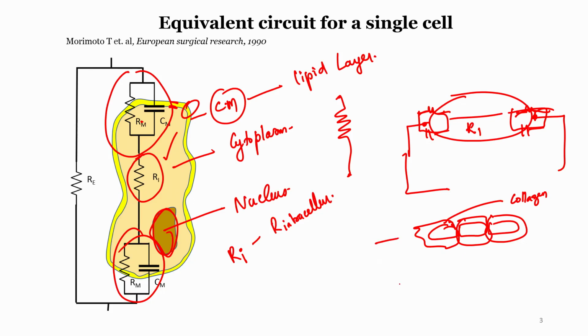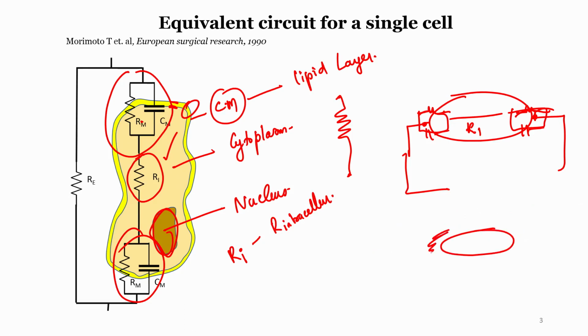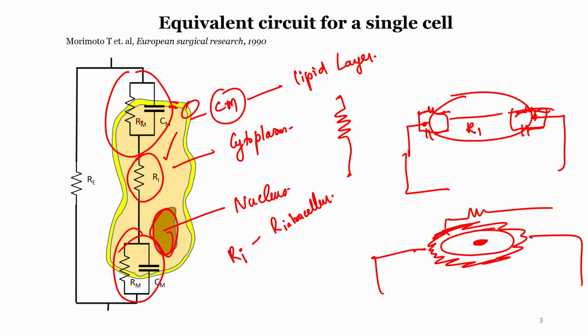Let us say now I remove this part of the tissue where I take one cell along with its associated matrix and keep it aside. It is a very hypothetical explanation. So I take a cell and its associated fiber, okay, this is the cell, and then I apply current through it. What will happen? This current will go through this resistance in parallel with the effective model of the cell, that is this part.